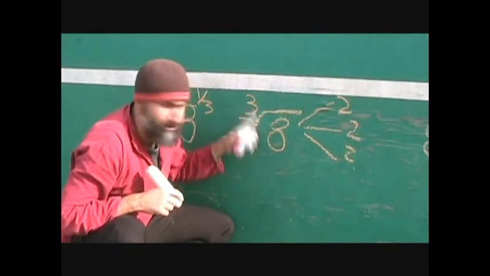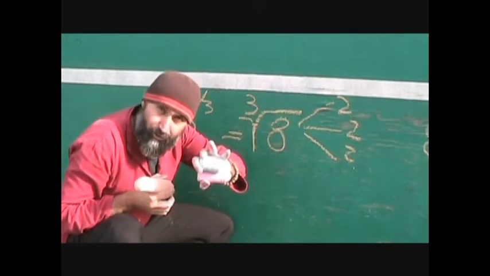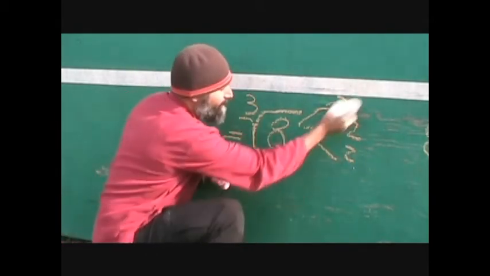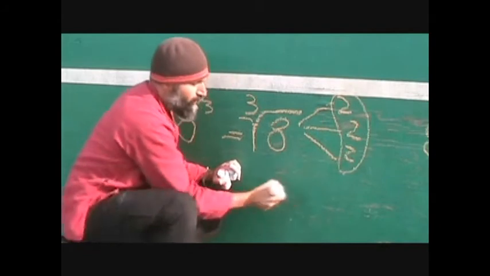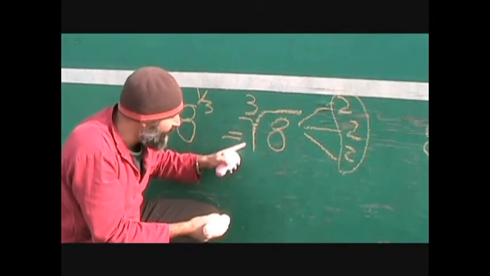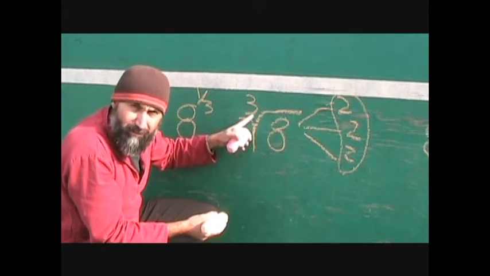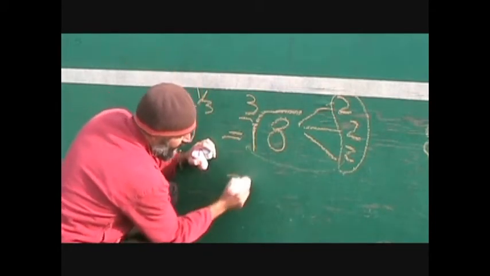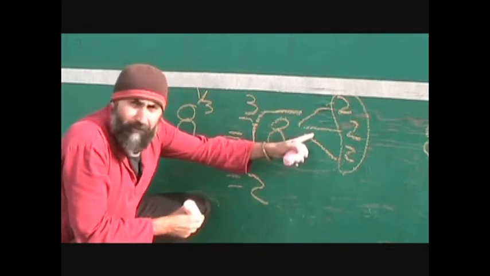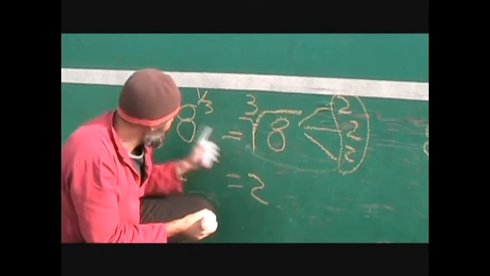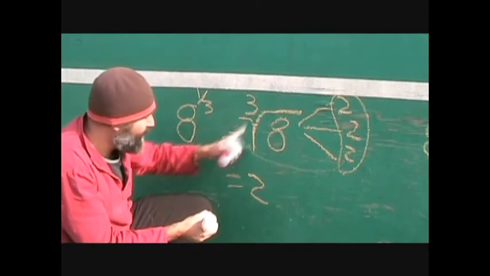So what that means is you're looking for triplets. So you combine 3 things that are the same. There's 3 2's here. So the rule is, the boundary or the toll for you to go from the inside out, you need triplets. Triplets become 1. So these 3 2's come out of this, and they become a 2. Now you took everything out of the root symbol, the cube root symbol, so there's nothing left. So the cube root of 8, or 8 to a power of a third, is just 2.